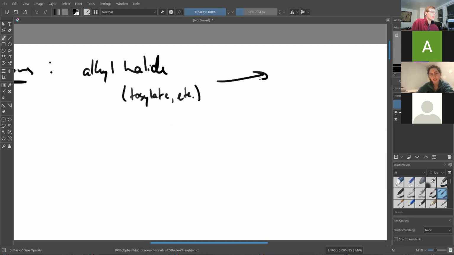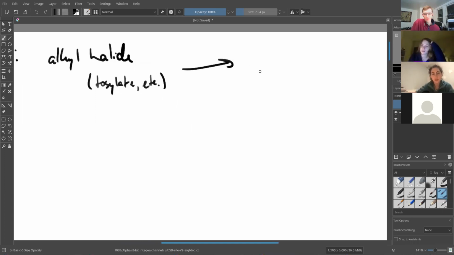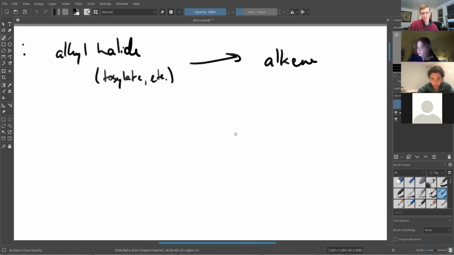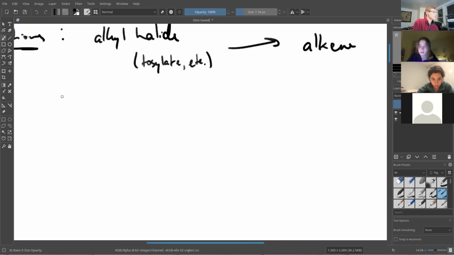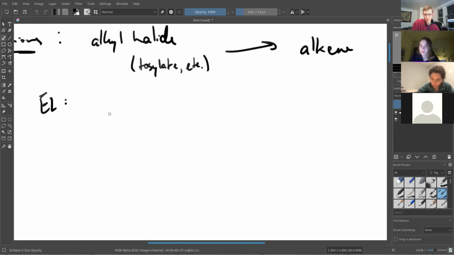And then you're going from that alkyl halide and forming an alkene, right? You're removing that. This is old news, right? You've seen this before. And so we know that there are these 2 classes of them, so E2, right? This is a bimolecular reaction.